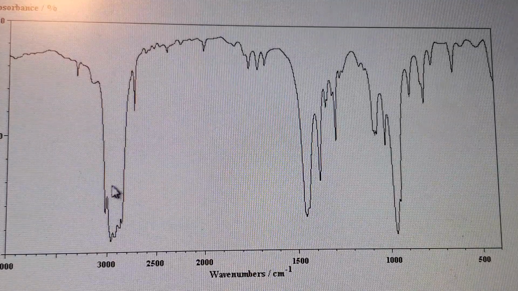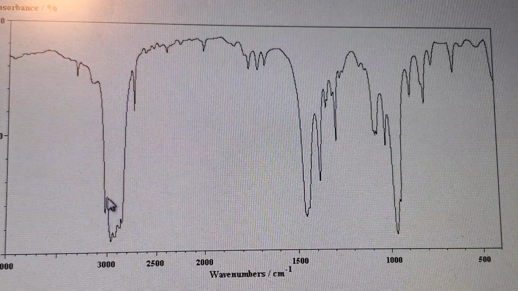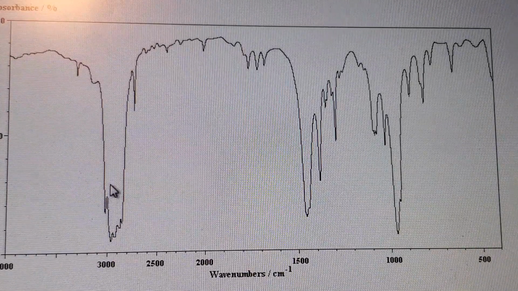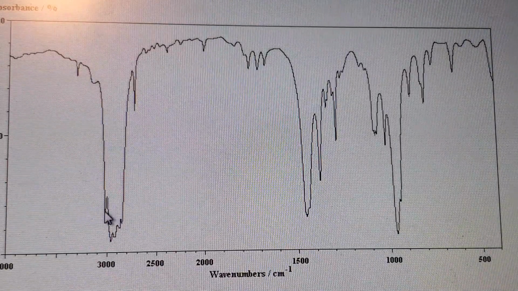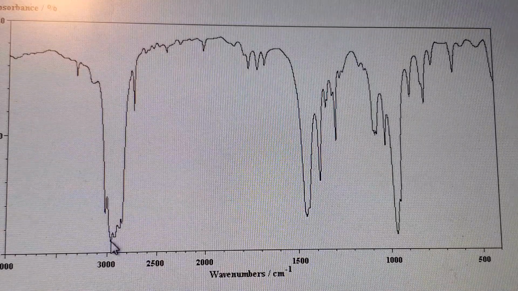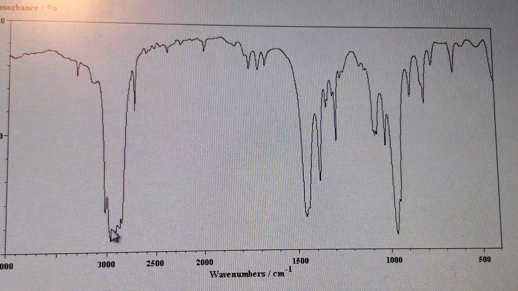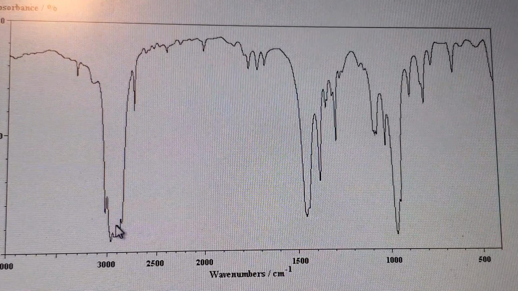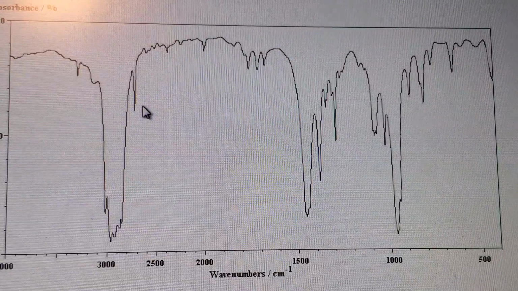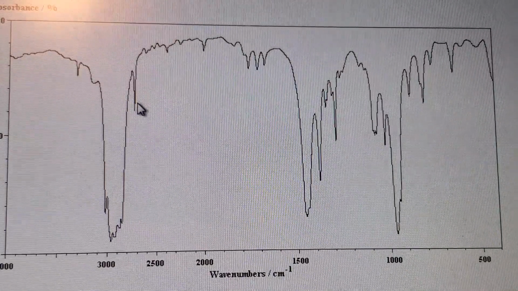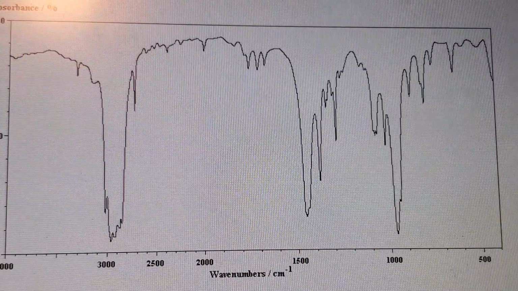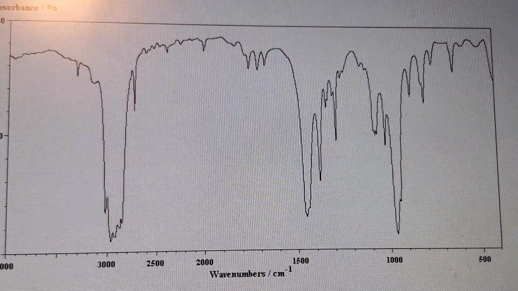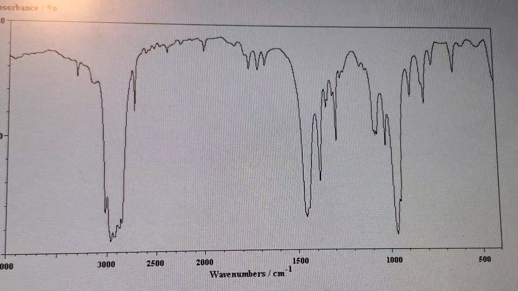You go up and you see a little spike on the shoulder of this big signal is above 3000, and then these are below 3000, and there are a couple other smaller signals. I think this can be very important practice for you, the practical knowledge.